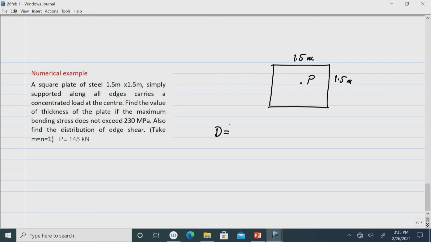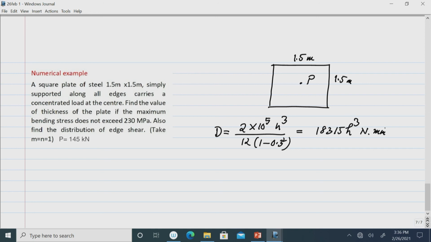If it is a steel plate, then E is 2 into 10 to the power 5, and H remains in millimeter, H cube, divided by 12 (1 minus mu square), mu is 0.3 we have taken for steel. This value is 18315 H cube, the unit is Newton millimeter.